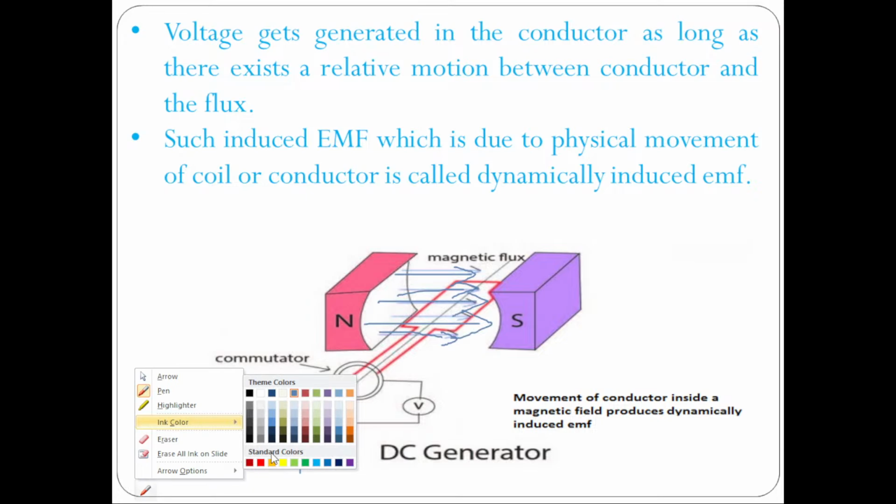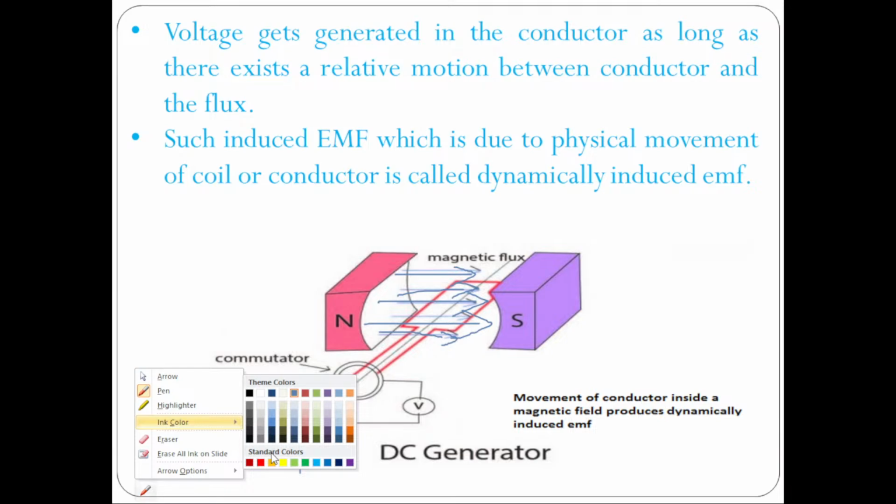EMF means electromotive force. If there is a closed path formed by the conductor, if I close this, then current will flow through the conductor terminals. In order to achieve the relative motion between the conductor and the magnetic field, we can rotate the conductor.